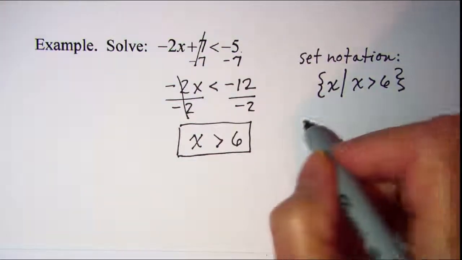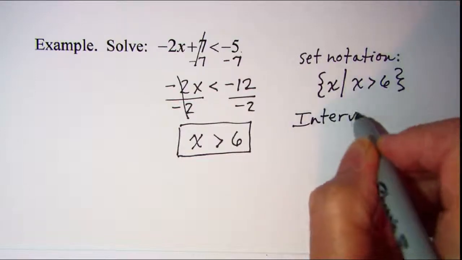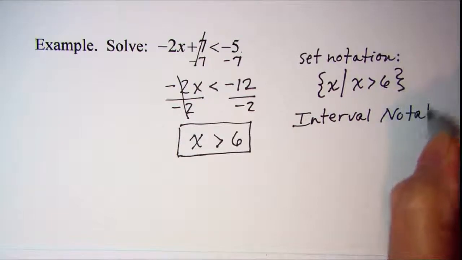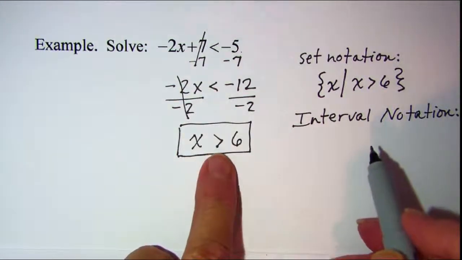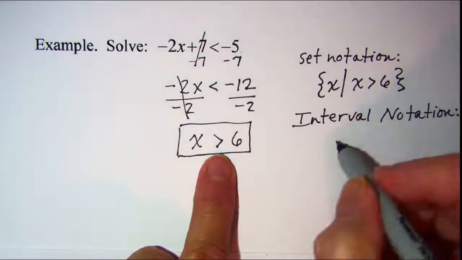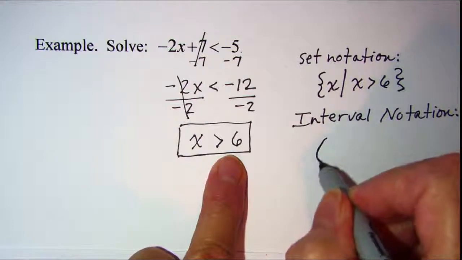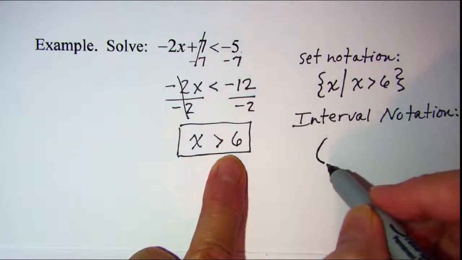If we wanted to use interval notation, we want all numbers that are greater than 6, but we don't want to include the 6. So when you don't want to include the endpoint, you use parentheses, open parentheses.